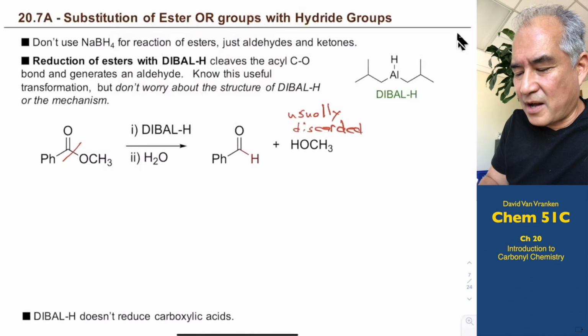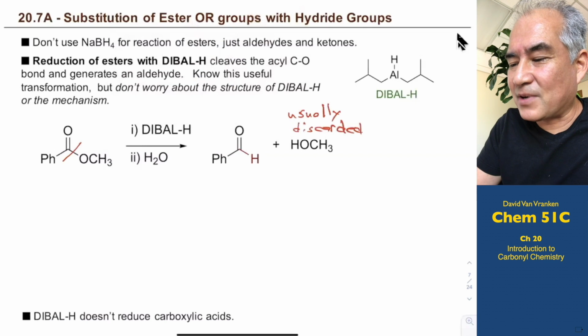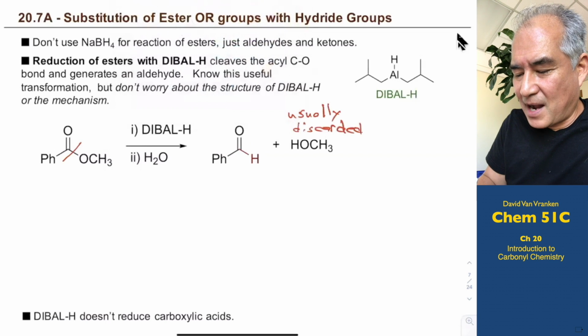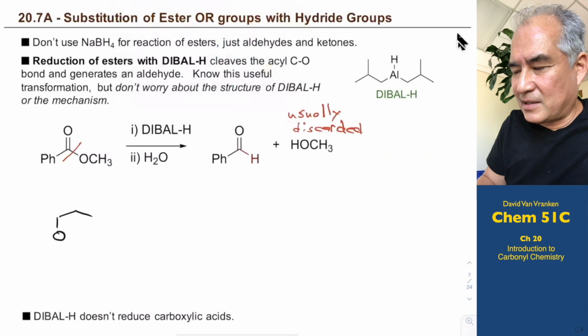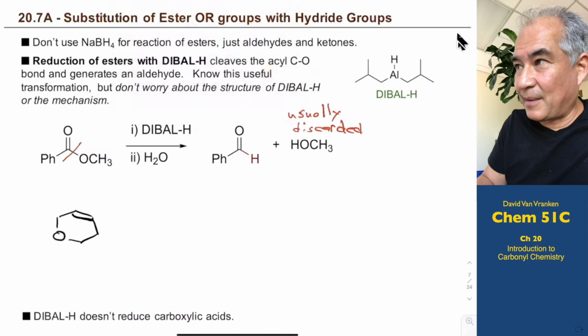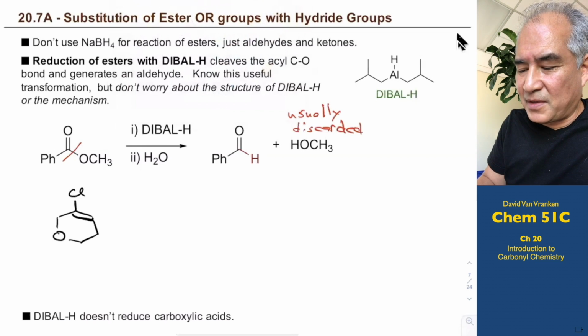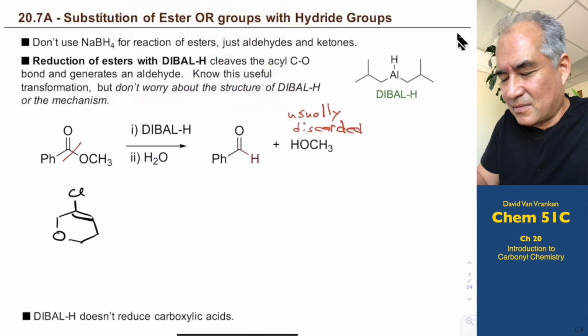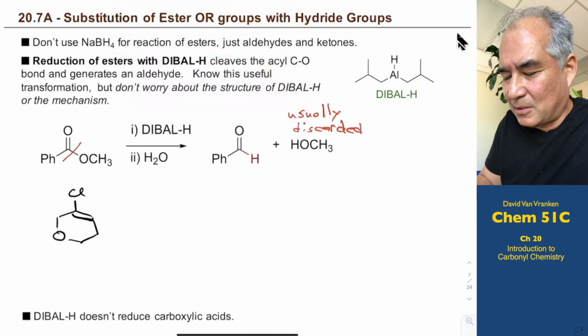Let me go ahead and just draw an exotic example to try to kind of stretch our minds here a little bit. And we'll try to make this super fancy. So I'll put an alkene here. I'll take a pyran ring. You don't know the name of that ring yet. I'll put a leaving group on the double bond, but of course you can't do SN2 or E or anything with that because it's on an sp2 center. That's not going to react.